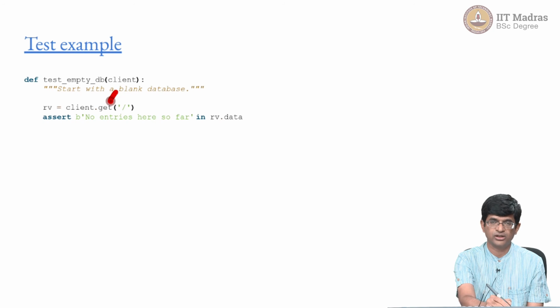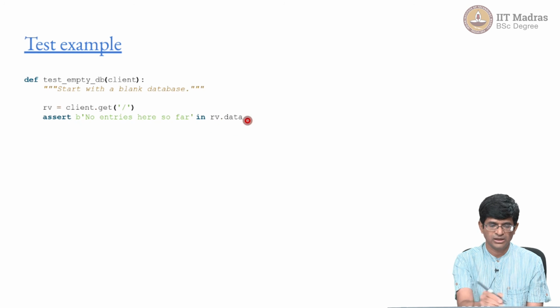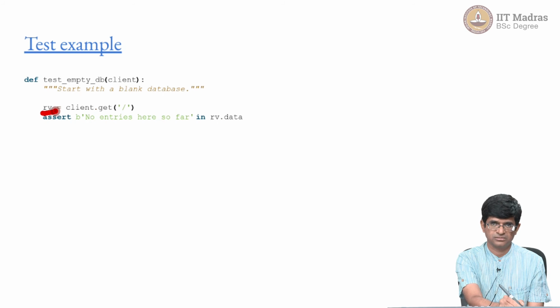One of them is client.get, which will perform a GET request. client.get to the / endpoint. In this case, I want to check and verify that I get back the text, no entries here so far, in the response. Okay, so rv is the variable that takes in the output from client.get.